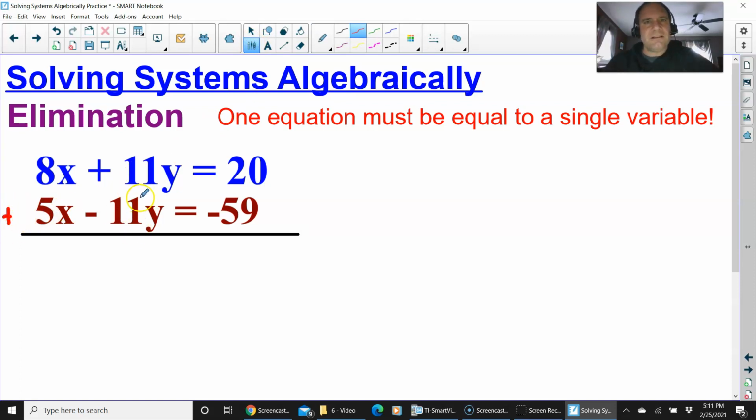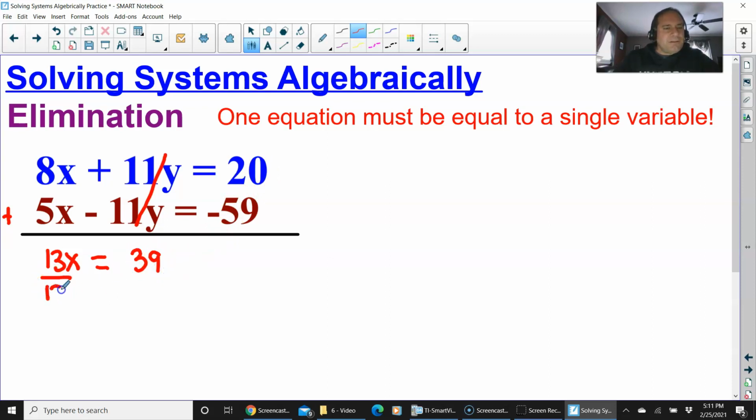I just go by the signs that are before the number. So a positive 11y and a negative 11y, that cancels. That's 0. So 8x plus 5x is 13x, right? Equals, and then 20 minus 59, 39.